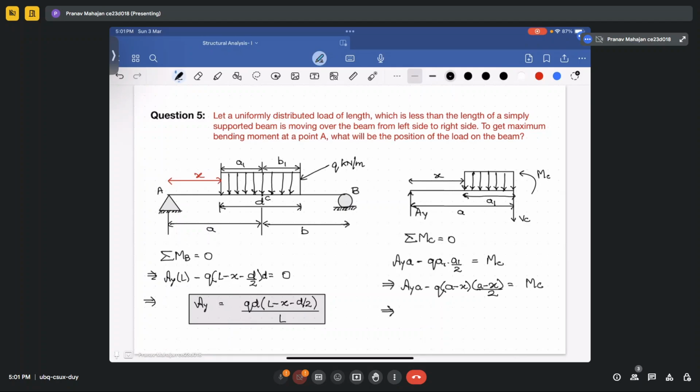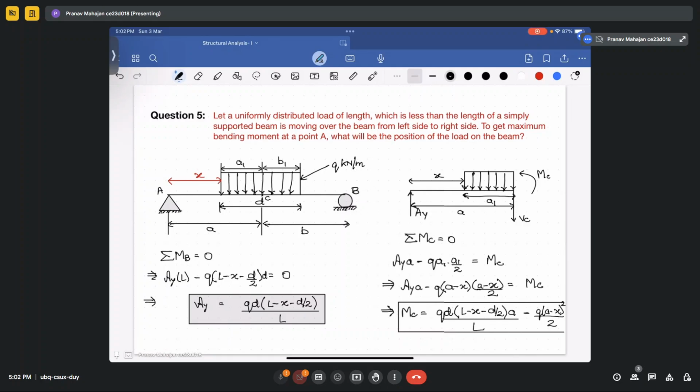Substituting the value of Ay, Mc will be equal to q d into L minus h minus d by 2, into a upon L, minus q into a minus h square divided by 2. This is your moment at point C.